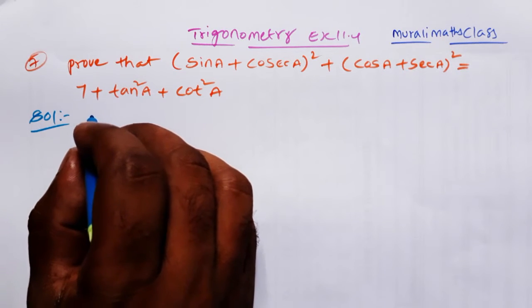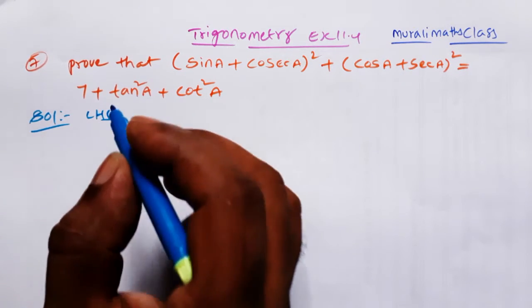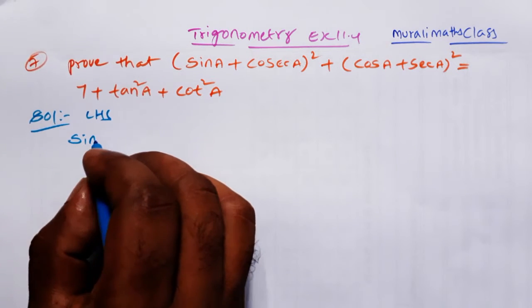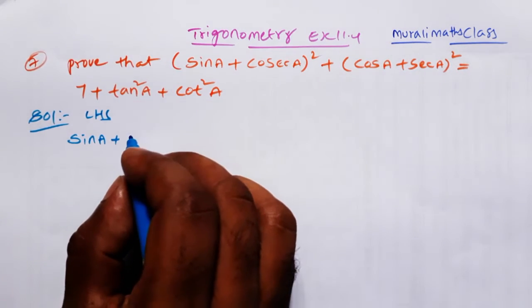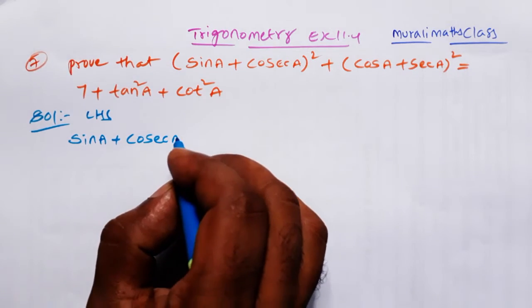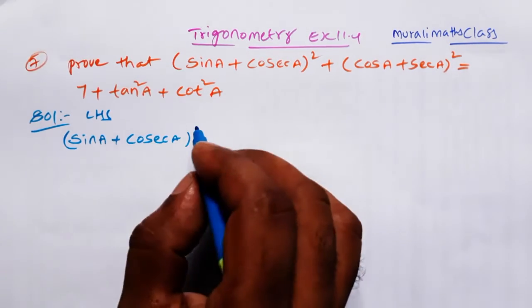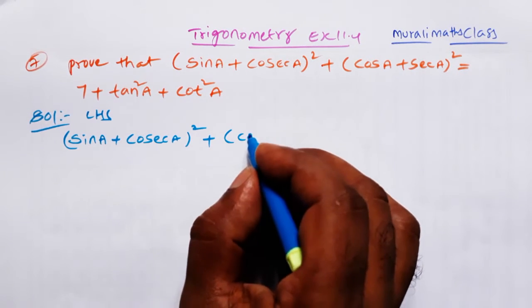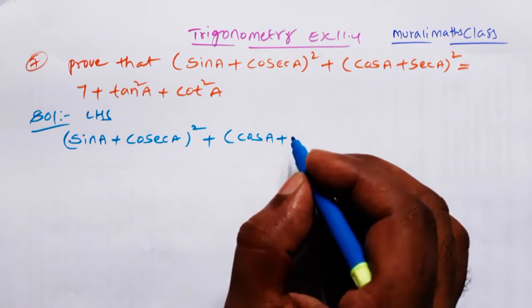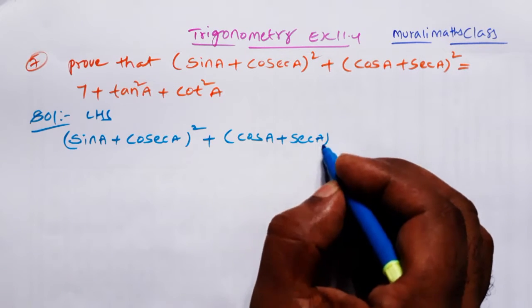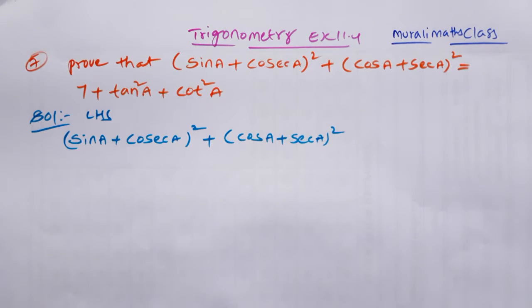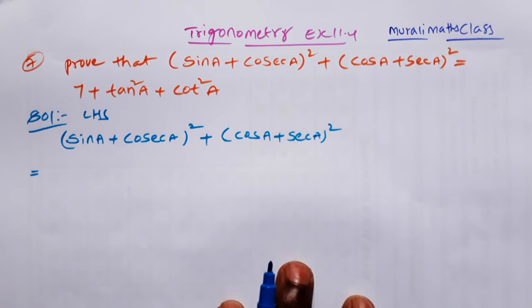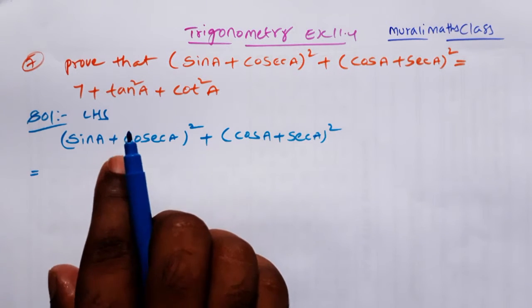What is LHS given? (sin A plus cosecant A) whole square plus (cos A plus secant A) whole square equals to. Now this is a formula.